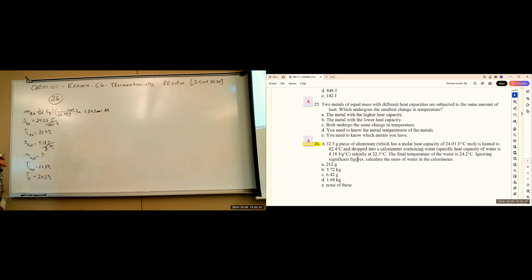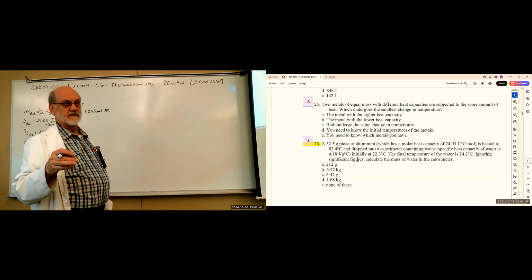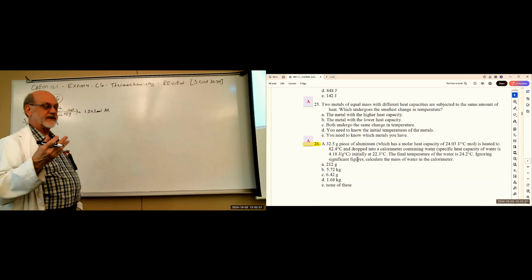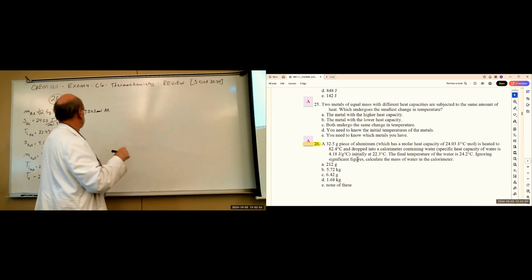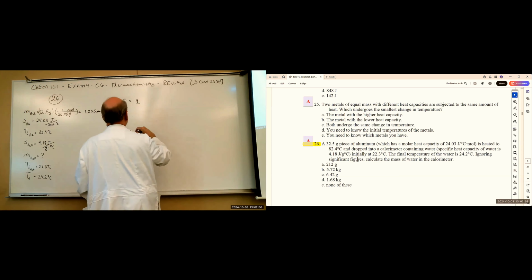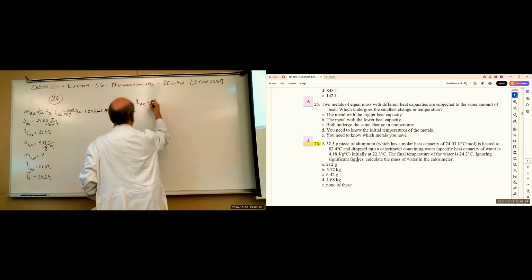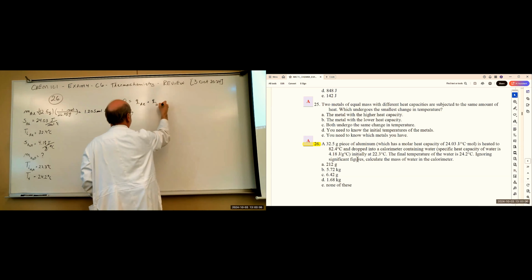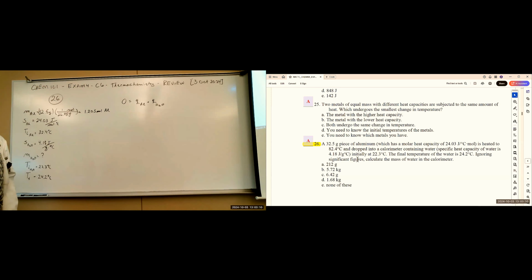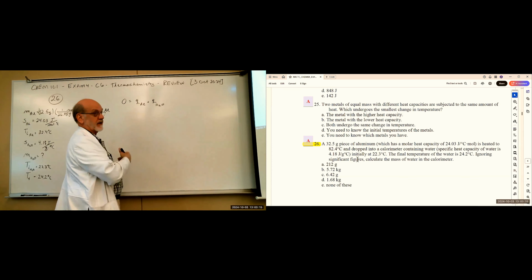Now we're going to set up our equation. Remember, calorimeters are isolated systems. That is, everything that happens in that calorimeter stays there. All the calculations have to end up as 0. So we would say 0 equals the heat change for aluminum plus the heat change for water, and we assume that the calorimeter has no effect. I mean, we know it does, but we're not given that information, so we're stuck right there.